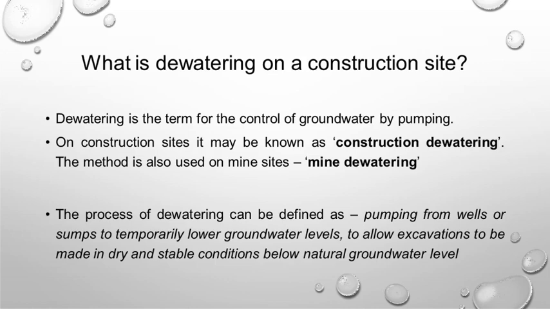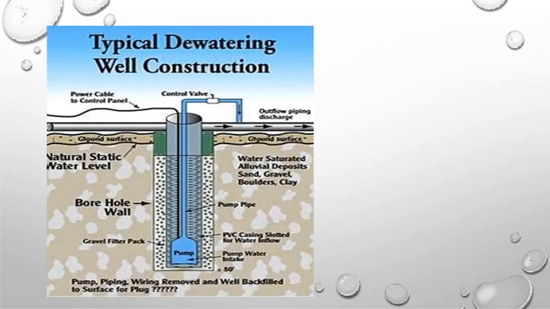The process of dewatering can be defined as pumping from a well or sump to temporarily lower the groundwater level to allow excavation to be made in dry and stable condition below the natural groundwater level. These are some of the methods of typical dewatering well construction.